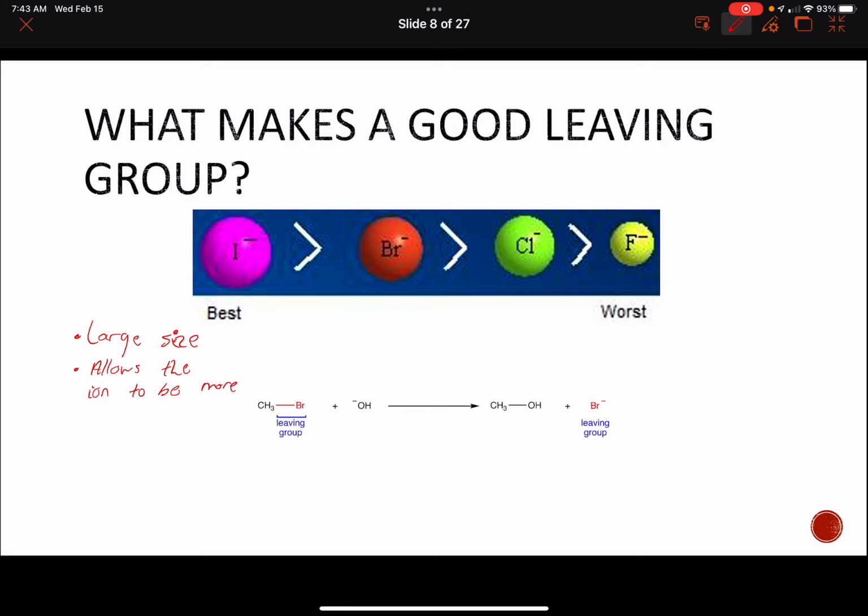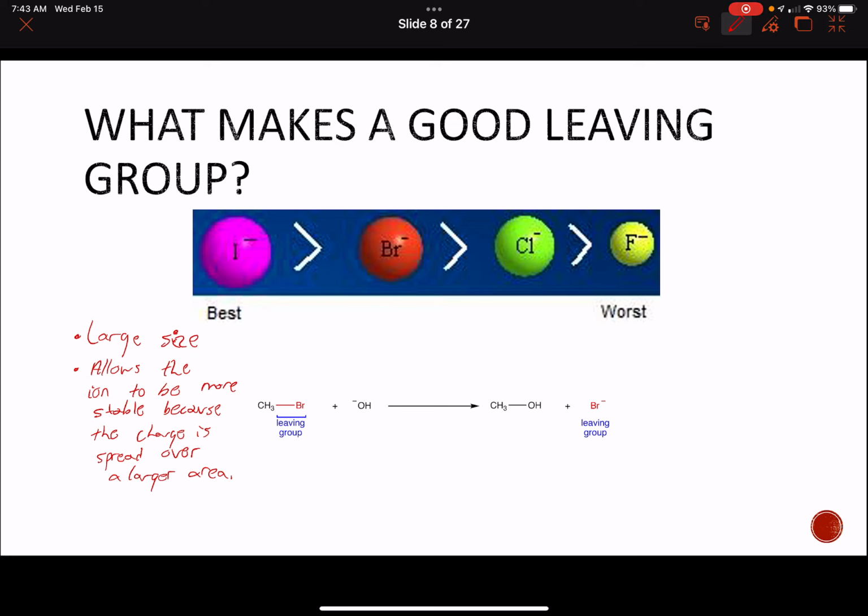It stabilizes when the charge is spread over a larger area. And once again, this does not have to be memorized for Cambridge. I'm just going over this to help understand what's happening in the situation.